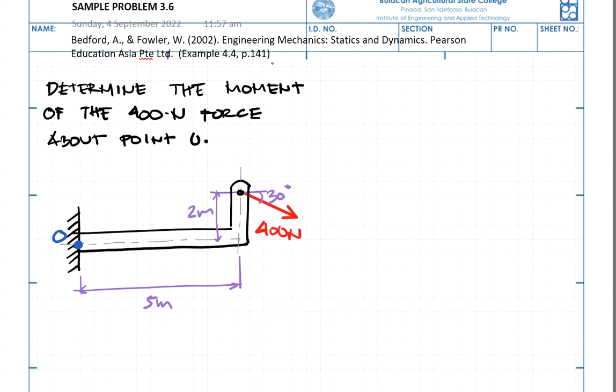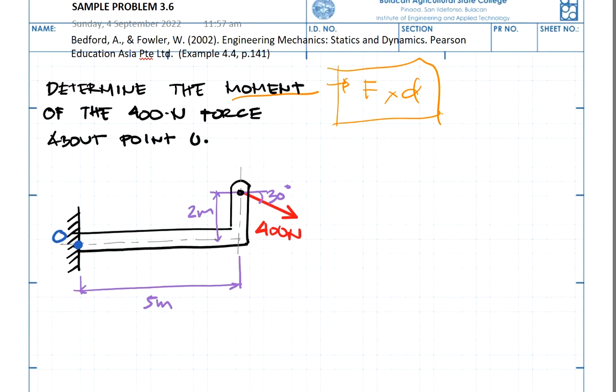The moment is just the forces multiplied by the perpendicular distance that acted upon this system about the reference point. That is still the concept that we are going to use.